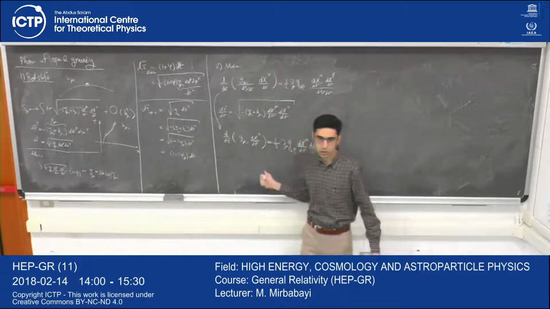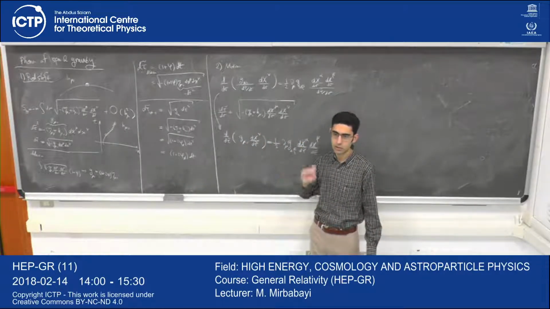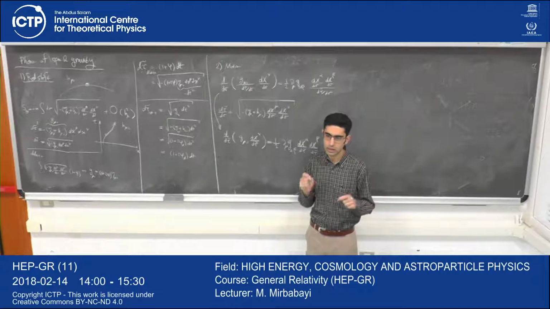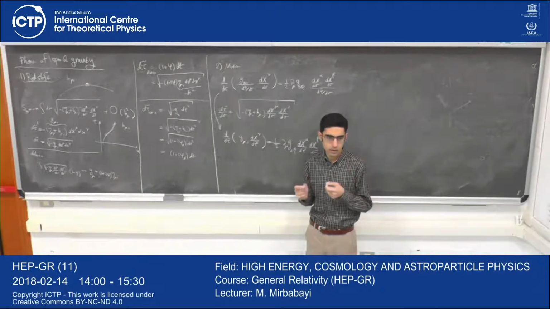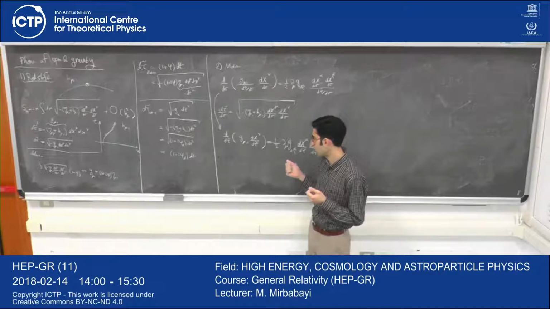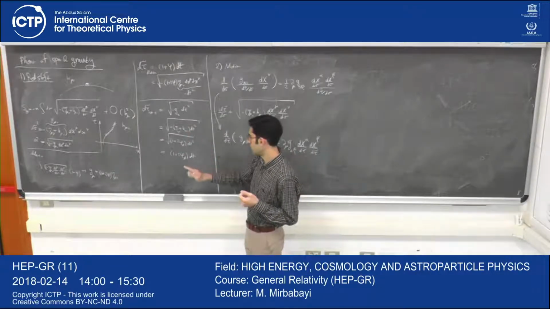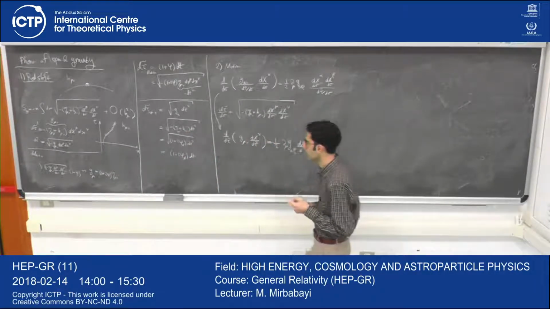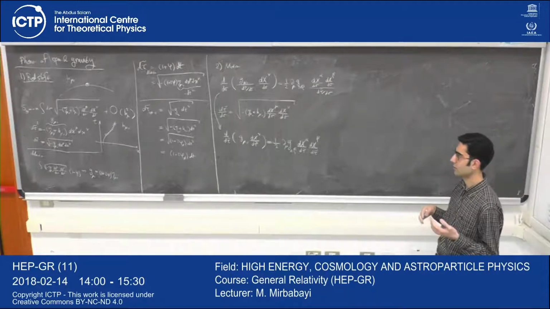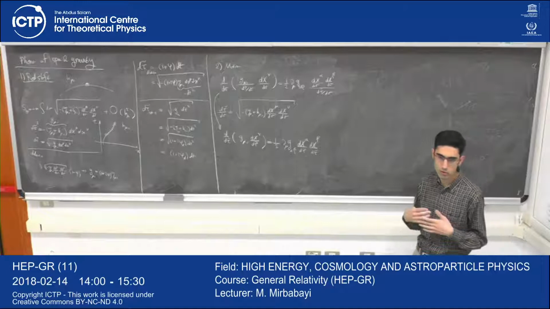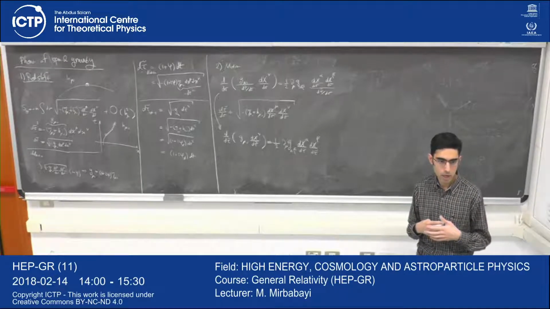So we took the non-relativistic limit of this equation, and by requiring that it reproduces the right Newtonian force, we fix the relation between h00 and phi Newton. Now one more thing that we can ask is how would non-relativistic particles move?